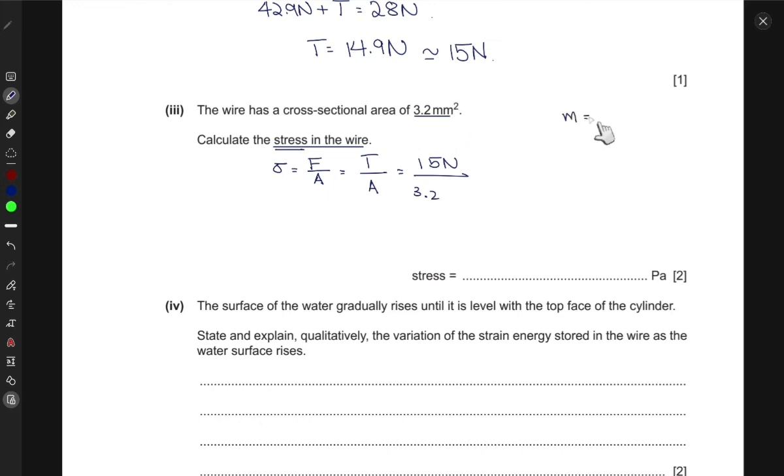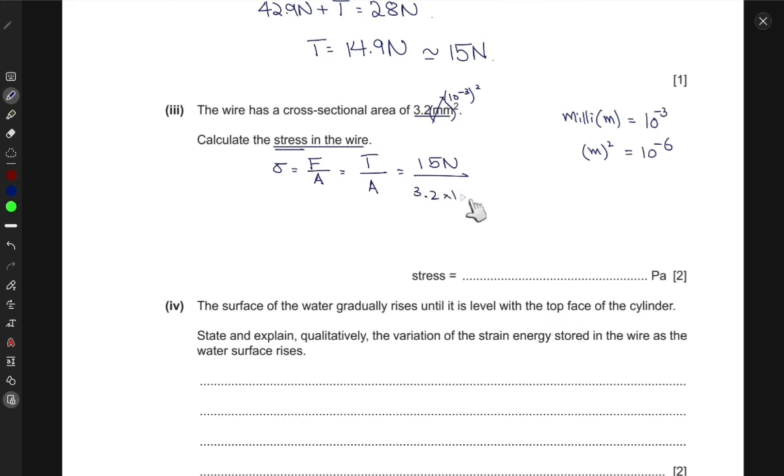We know that this M is for milli, and milli just means it's a prefix of 10 raised to power minus 3. And so milli squared should be 10 raised to power minus 6. So I'll just replace this milli with 10 raised to power minus 3, squared, because the square is acting on the entire unit, millimeters.